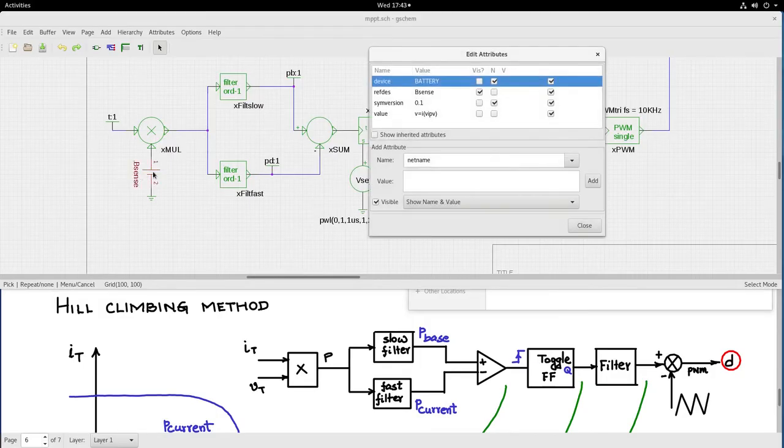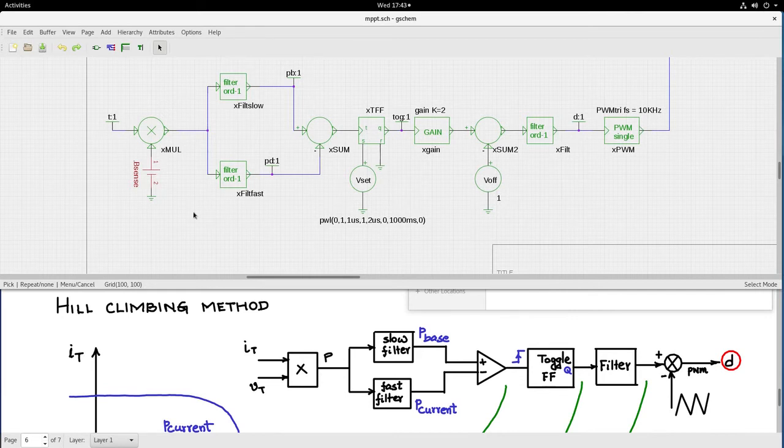So B sense is basically giving an output voltage proportional to I VI PV. It is giving a voltage proportional to the current flowing through the PV cell or the PV module.